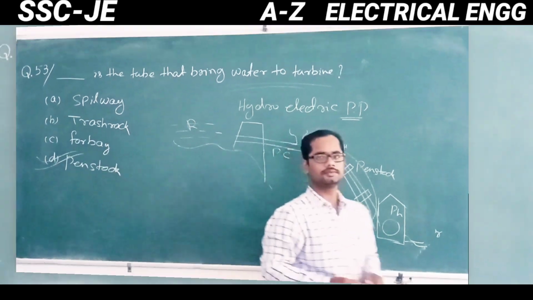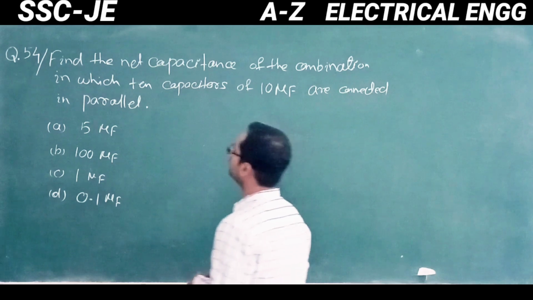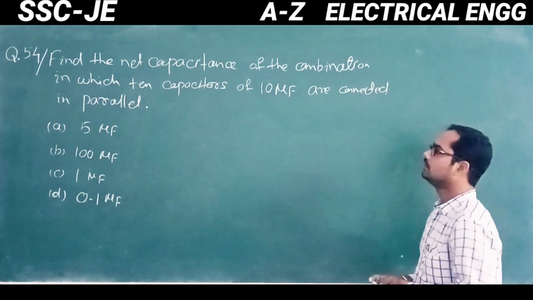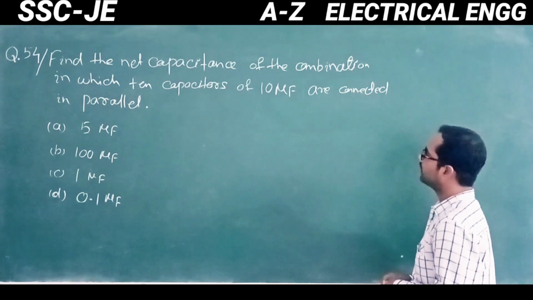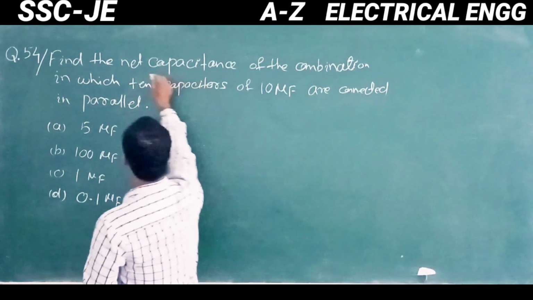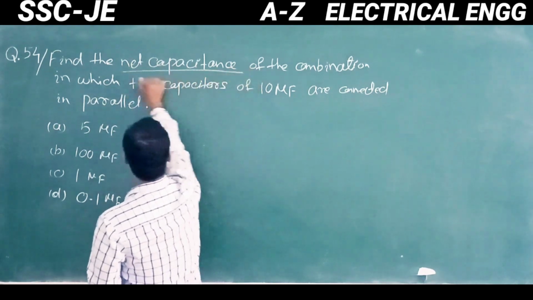Moving to the next question. Find the net capacitance of the combination in which 10 capacitors of 10 microfarad are connected in parallel. We have to find the net capacitance.